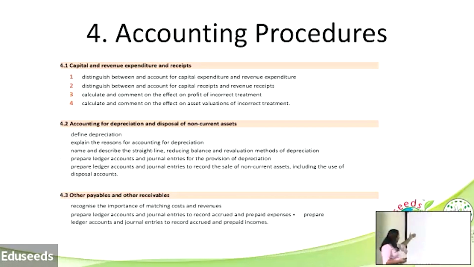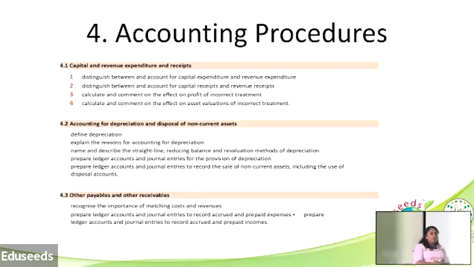The first one is capital and revenue expenditure and receipts. Meaning you need to know what is capital expenditure, what is revenue expenditure, what is capital income, what is revenue income, and which expenses fall under which category. So that is 4.1.